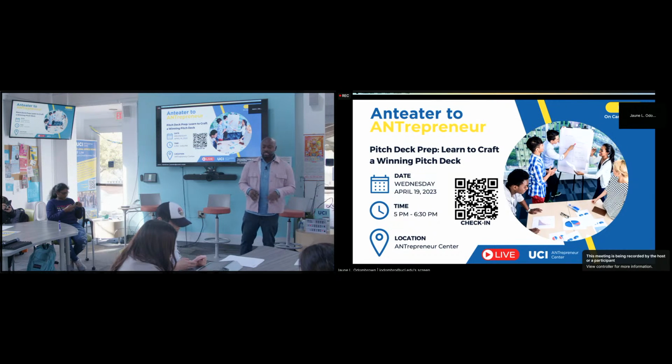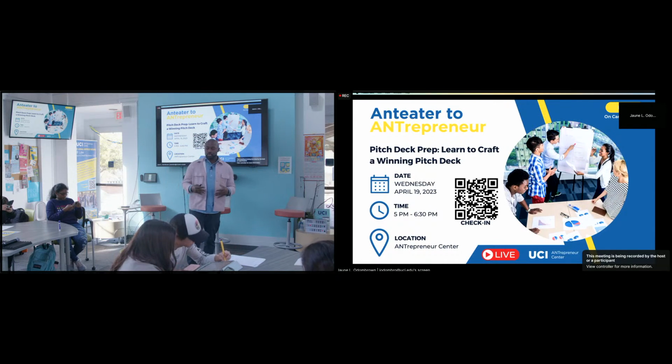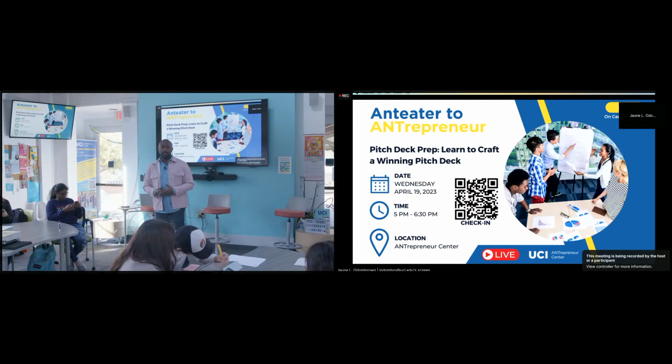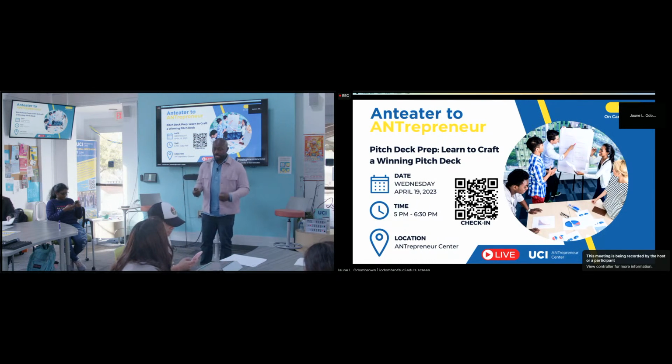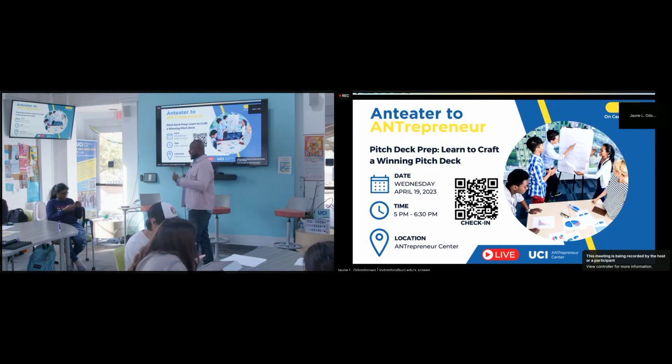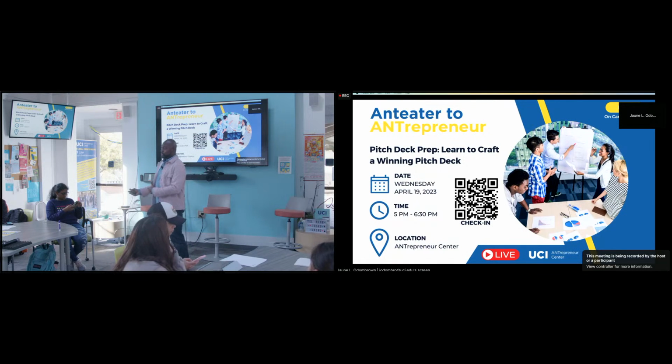So intentionally, today's presentation is going to have a lot of words on one slide, and then a lot of images on another. And that's designed for a reason. When you're trying to explain something to someone, you use a lot of content. When you really want someone to comprehend and engage with you, you also provide visuals, right?